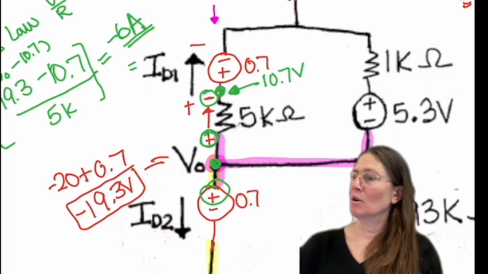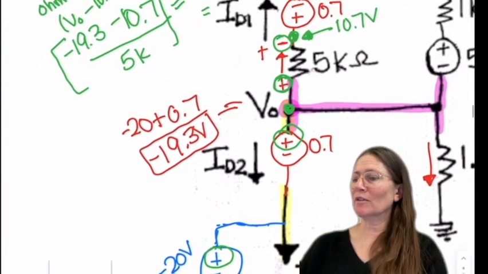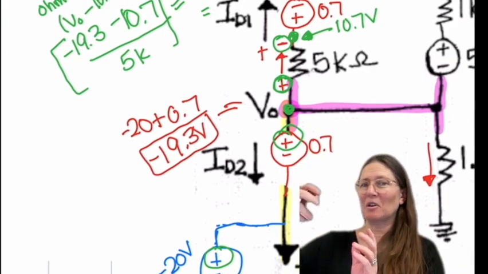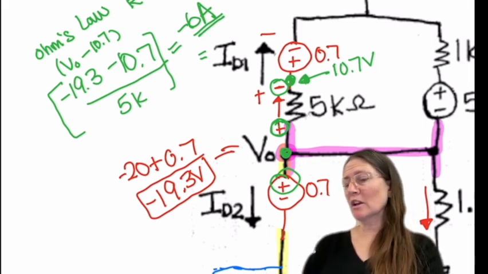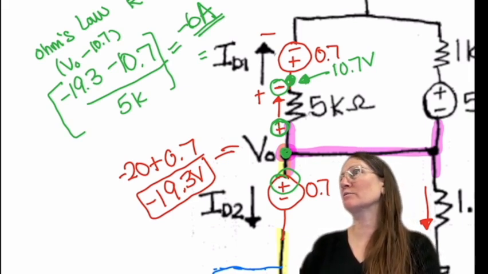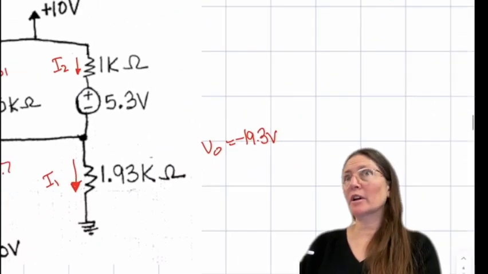So do look at where it's going, and then the plus and minus on the arrow side. Okay, any other questions?